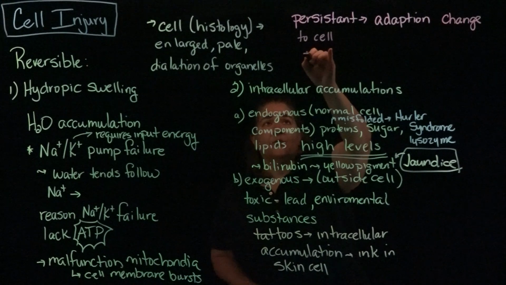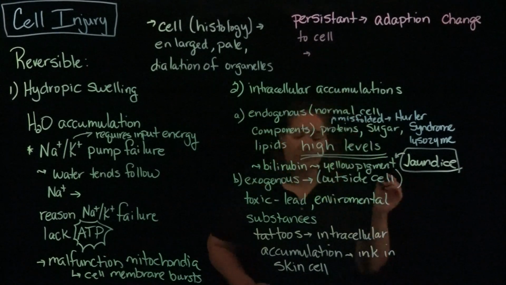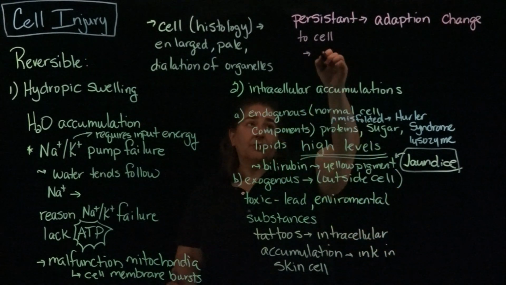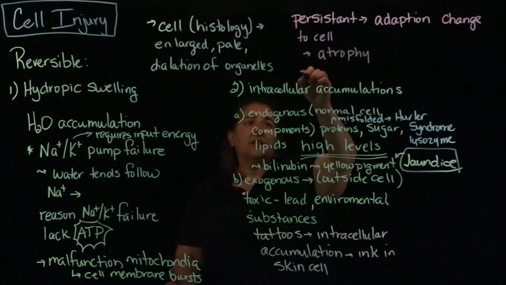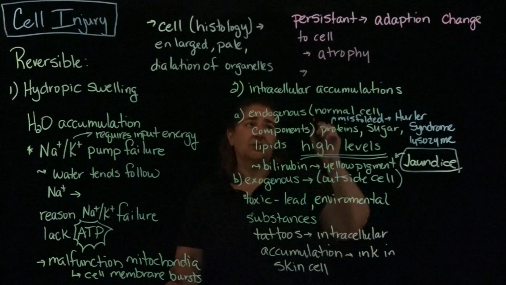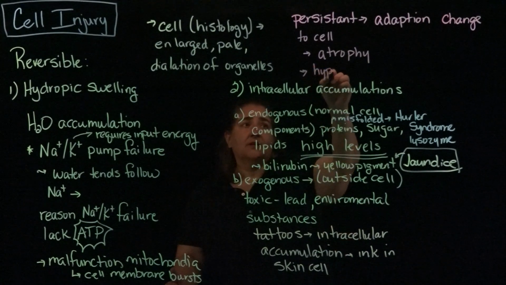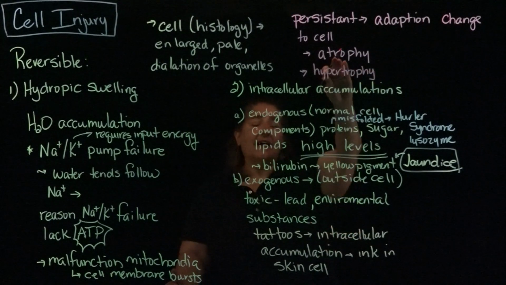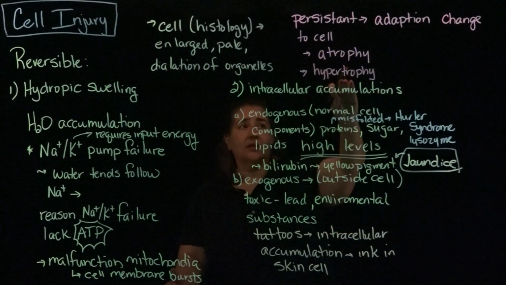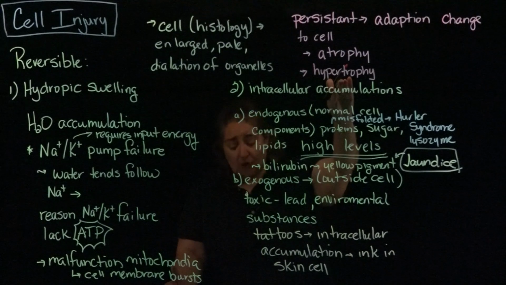And I'll talk a little bit more about this in the next video, but just to kind of give you a preview, you can have things like atrophy as an adaptation. You can have hypertrophy. Okay, atrophy means the cells get smaller. Hypertrophy means they get bigger.